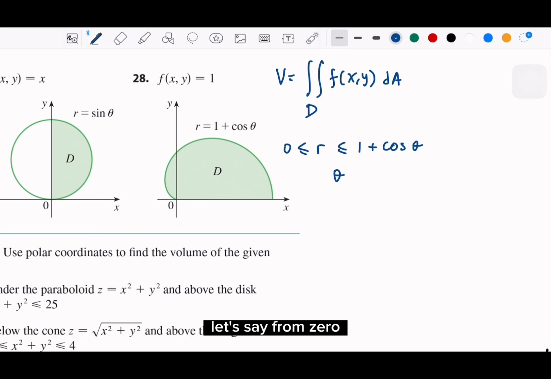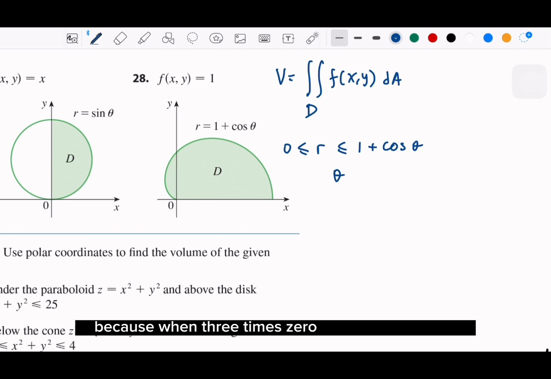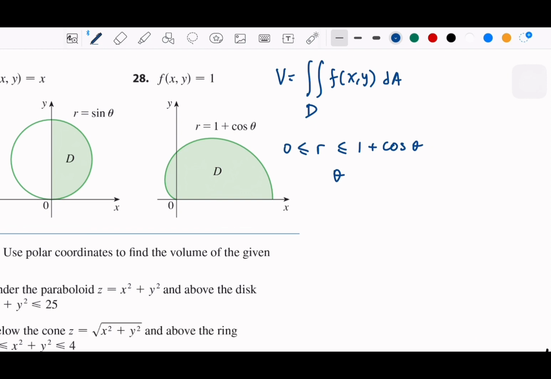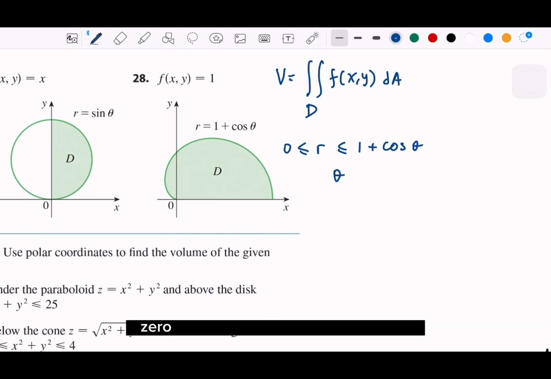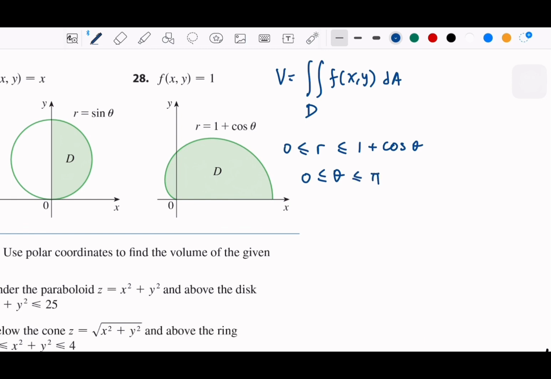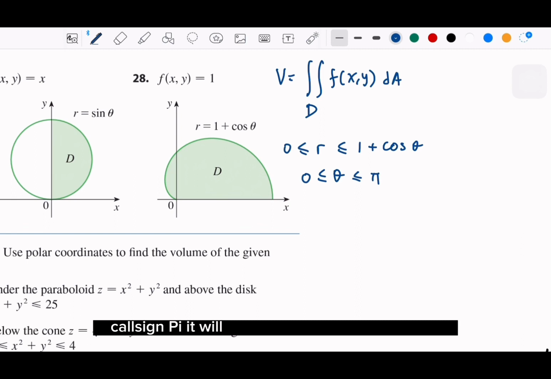Let's say from 0, because when theta is 0, it's going to be 2, right? Which means here. And then that will be 0. So start from 0 to pi, right? Cosine pi will bring the radius to 0, right? Okay, so I think that will make sense, right?